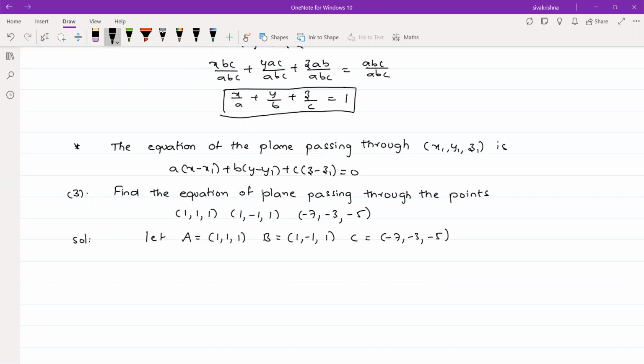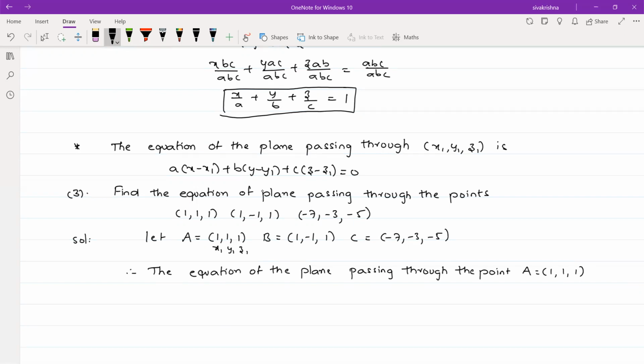Now I am treating the point A as x1, y1 and z1. So I am writing the formula: the equation of the plane passing through the point A, which is 1 comma 1 comma 1, and I also named the point A as x1, y1, z1.